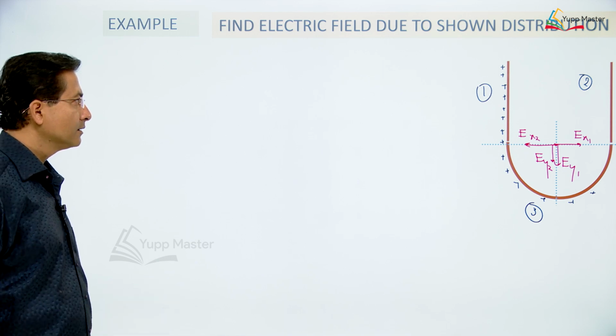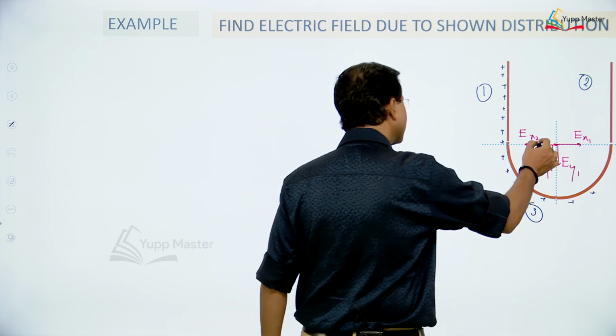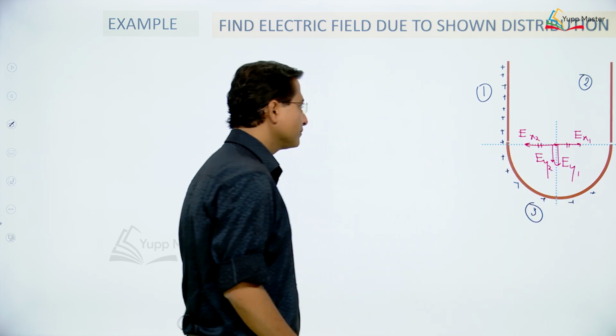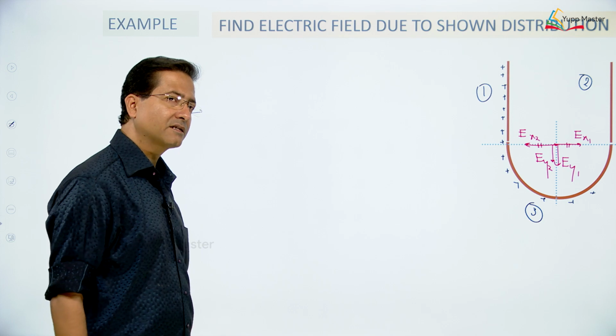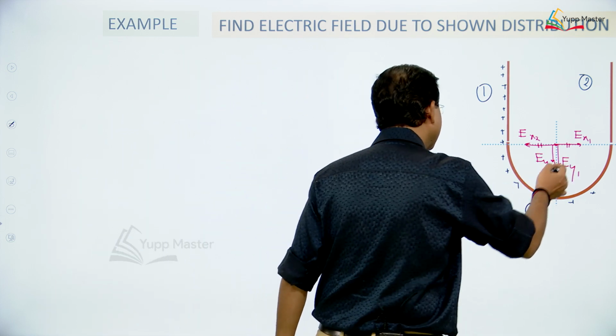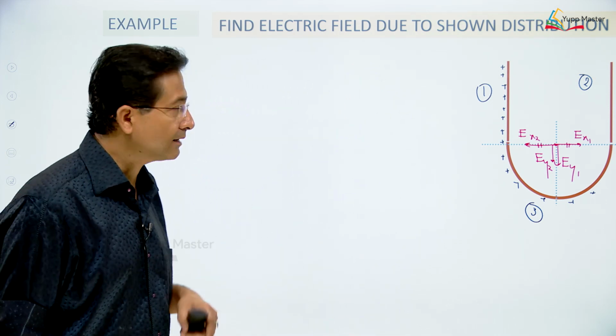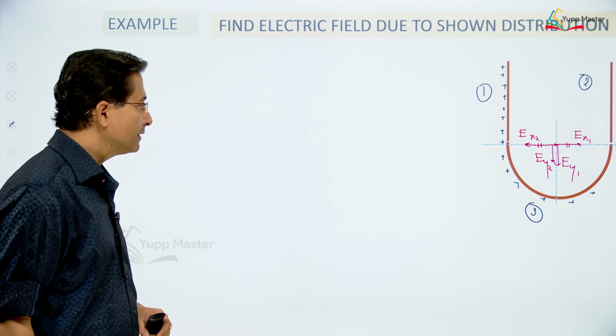And because of this segment, x and y, you can see that the x components are cancelling each other, magnitude wise they are the same, right. Their y components, which were getting cancelled out in the previous case, in this situation they are getting added, right.